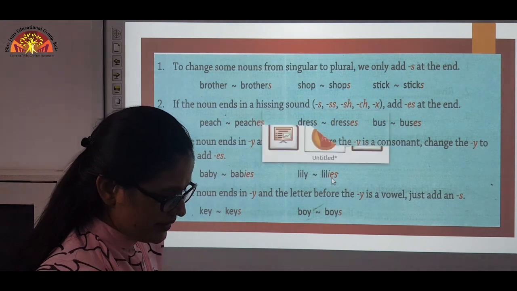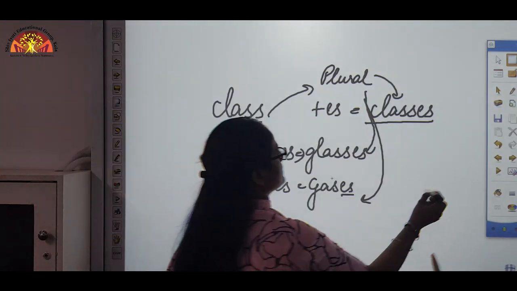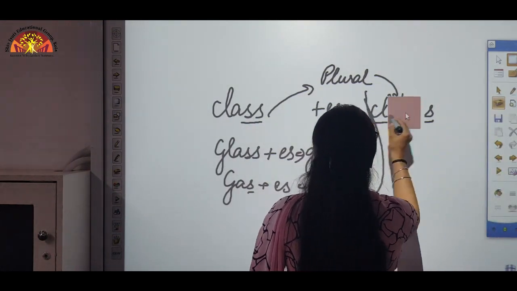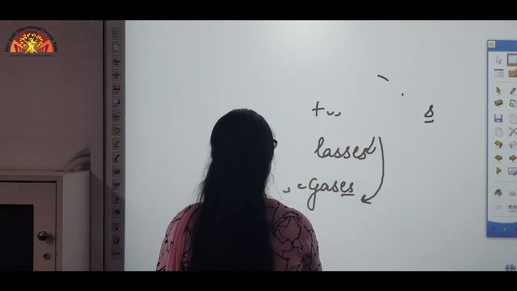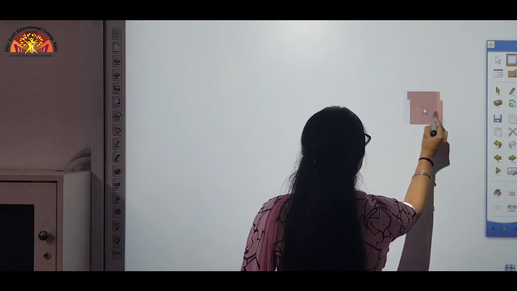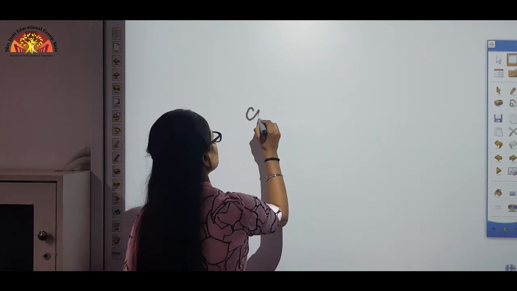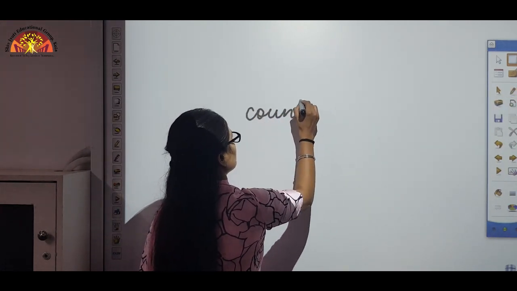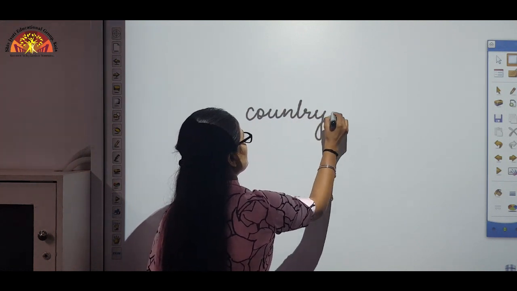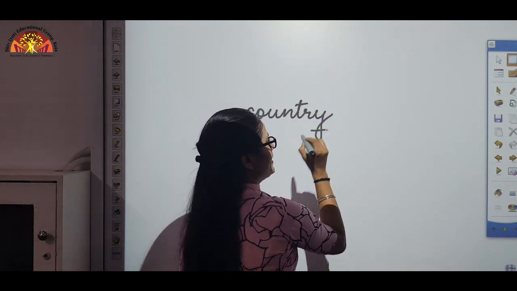For example, let's see. My word is country. At the end you can see Y is there.